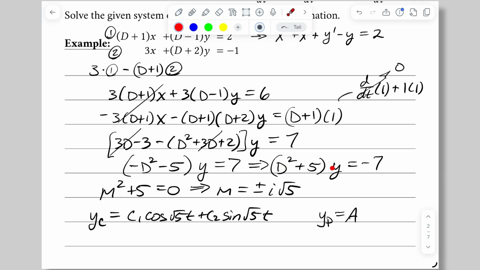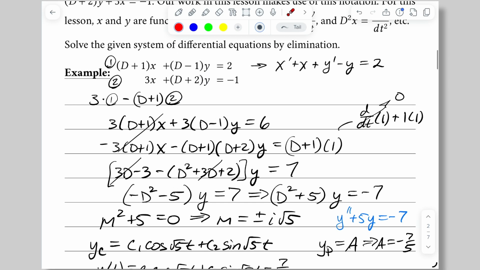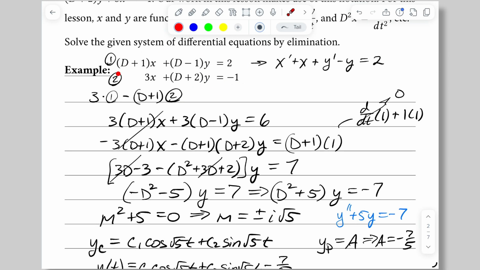So when we substitute into this equation, which really means y'' + 5y = -7, we'll find that 5A = -7, so that A is equal to -7/5, and we have our function y(t) is c1 cosine root 5t plus c2 sine root 5t minus 7/5.